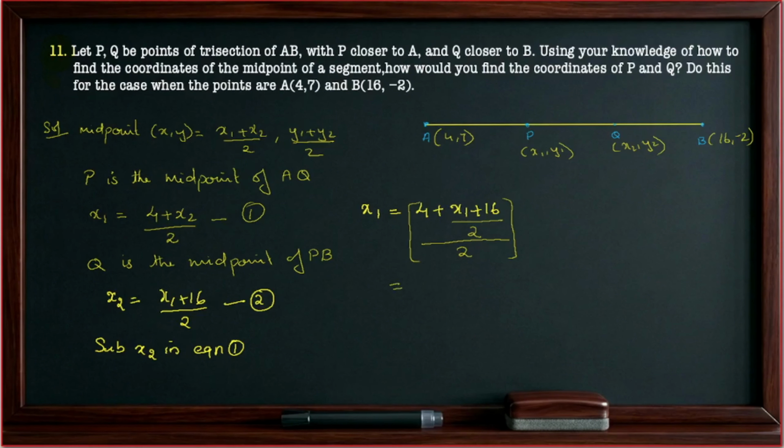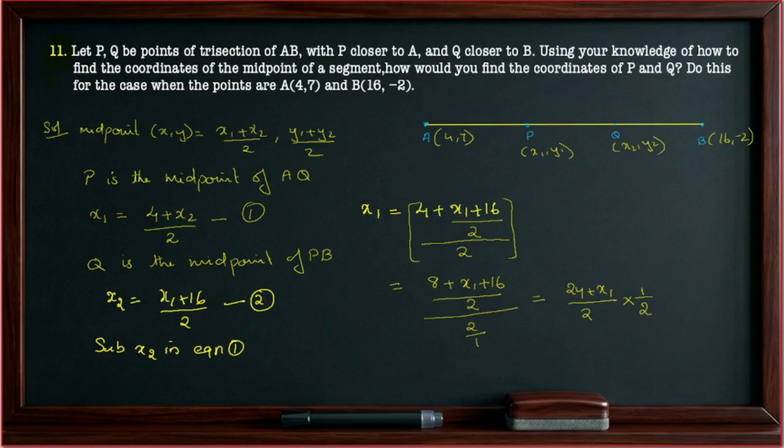Okay, then if you take the LCM, it will become (8 + x1 + 16)/2, this whole by 2. You can even write 2 by 1, making this a fraction. This is equal to (16 + 8 = 24 + x1)/2, and taking this 2 by 1 to this side, we will take the reciprocal, right?